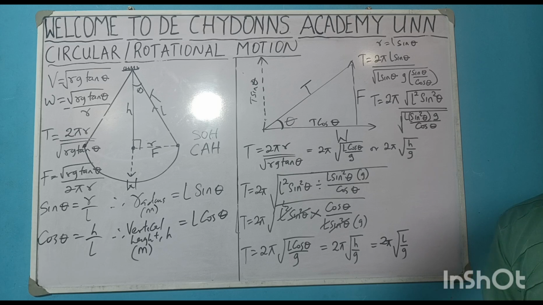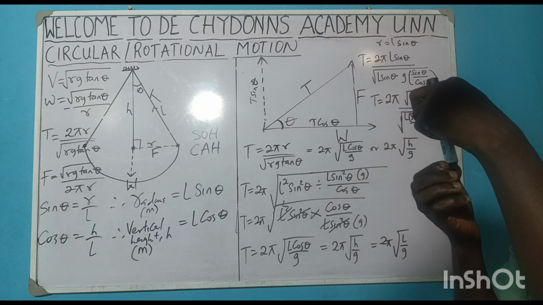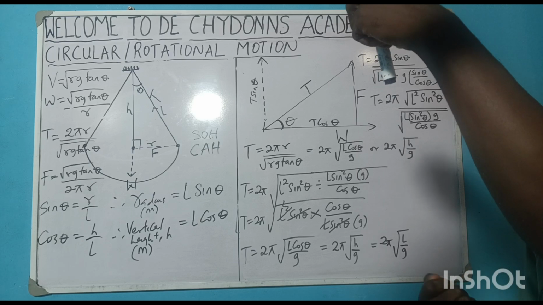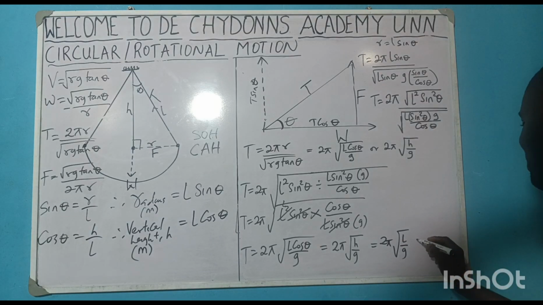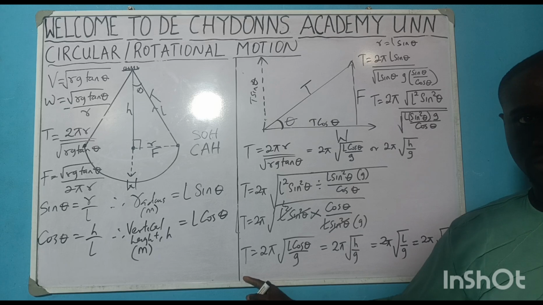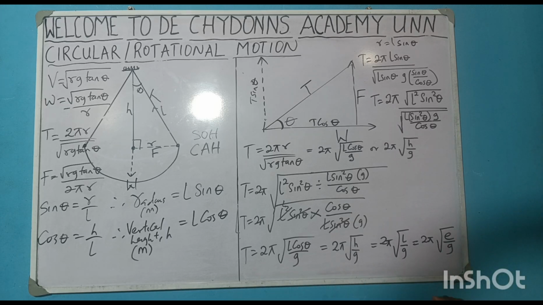Then if you are dealing with extension, you stretch it, it has extended. It means that this h you are seeing will be equal to extension over g. Are you getting it? Then in terms of mass, I'm just showing you all the different formulas for periods. Whichever one, depending on the parameters that are given, we will see practice questions we will do so that you learn more.